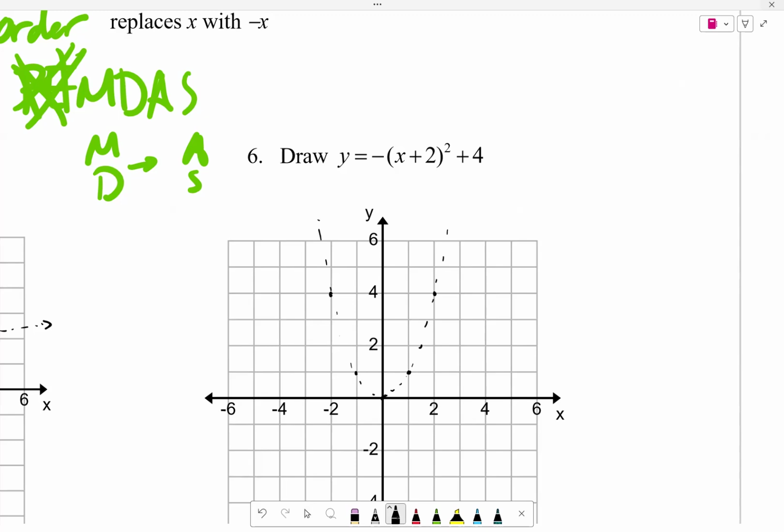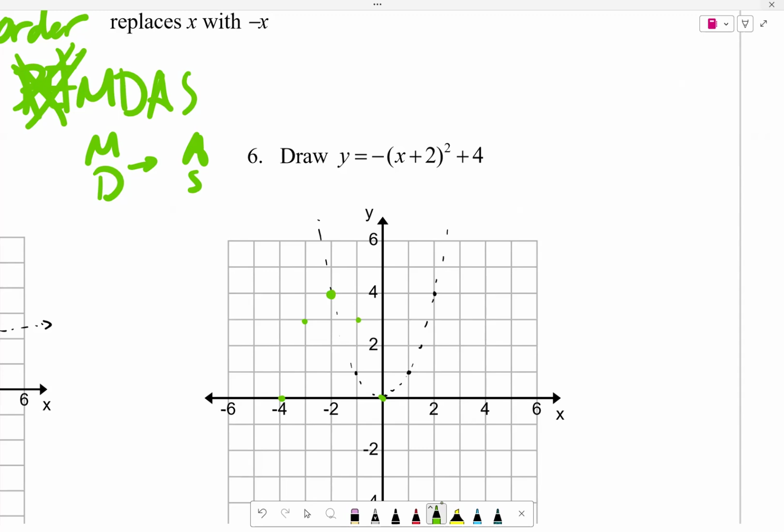I usually do the right side first for no reason. 0 reflected over the x-axis becomes 0, then 2 to the left and 4 up. And maybe from there, I'll just do my 1-3-5 pattern. Would that make sense? Once we have that vertex, we already know what's happening. You could take it one at a time if you want.